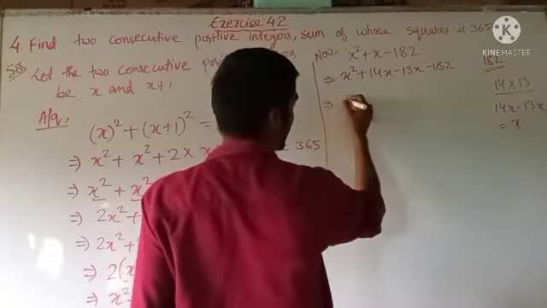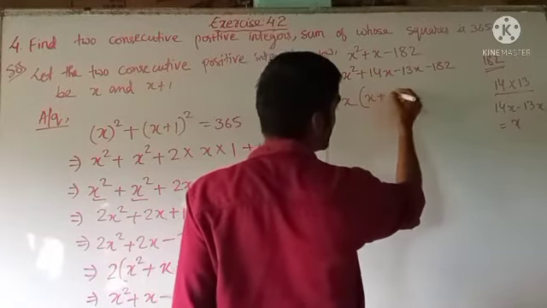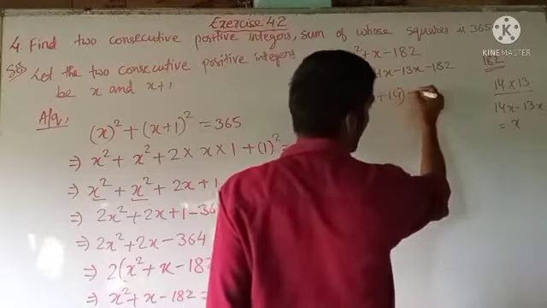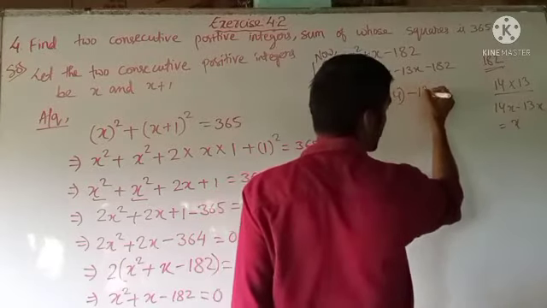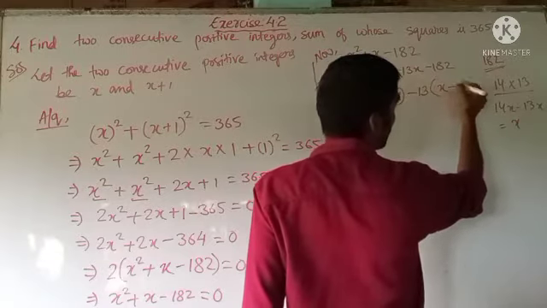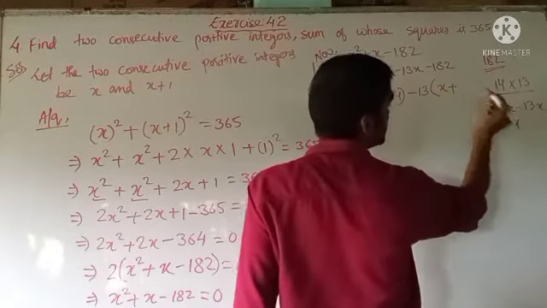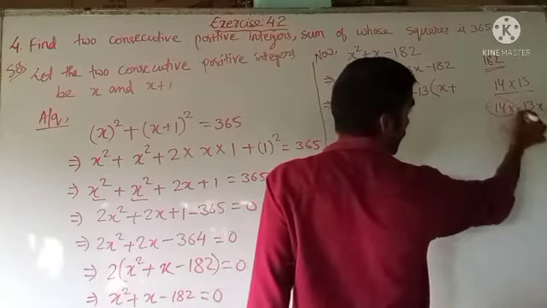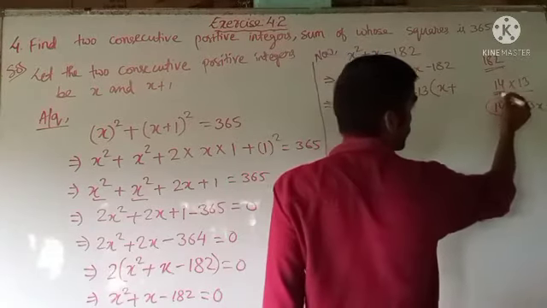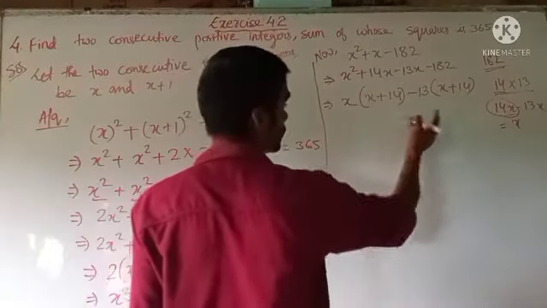Now x will be taken common from these two, then x is left, plus 14 minus, again 13 will be taken common, then we'll get x plus, minus into plus is minus, so plus the other factor, it is 14, so x plus 14.